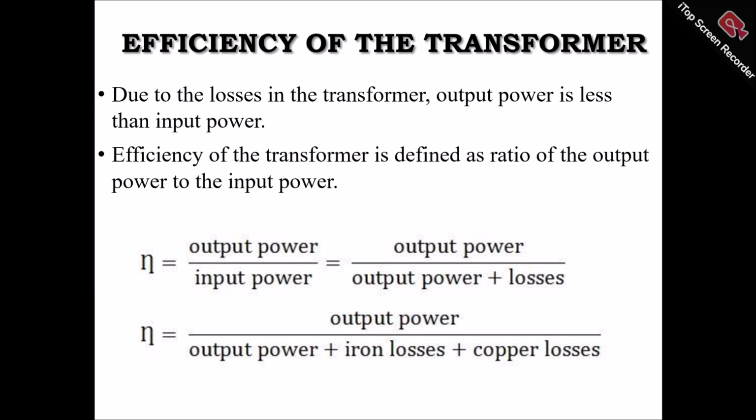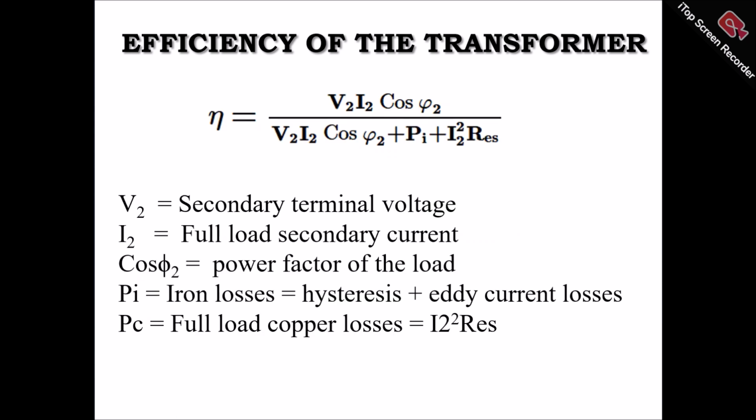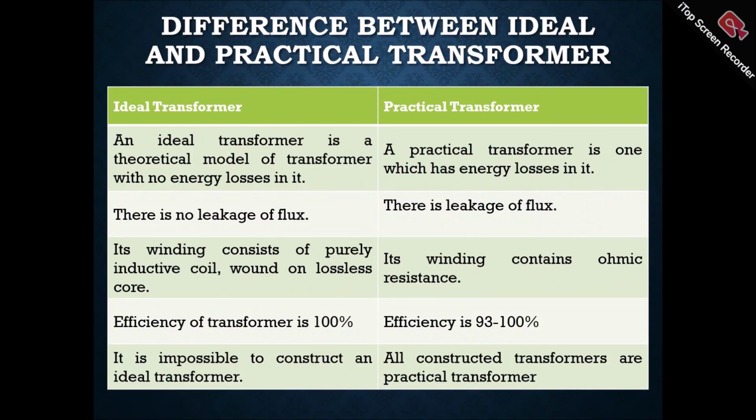We have to mention how much the iron losses and copper losses are, and that's why the formula can be written as V2 into I2 into cos phi 2 upon V2 into I2 cos phi 2 plus Pi plus I2 square into R resistance. The meaning of each notation is given in this slide, so you can go through it.